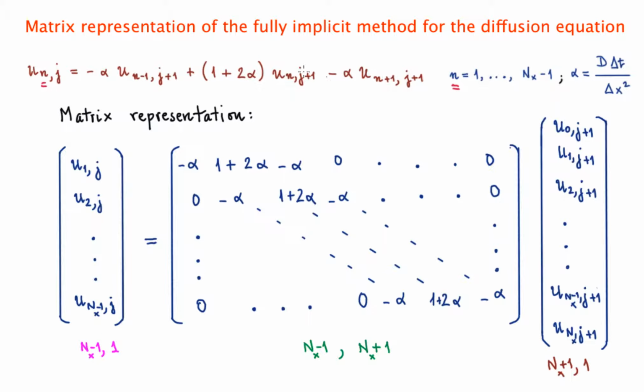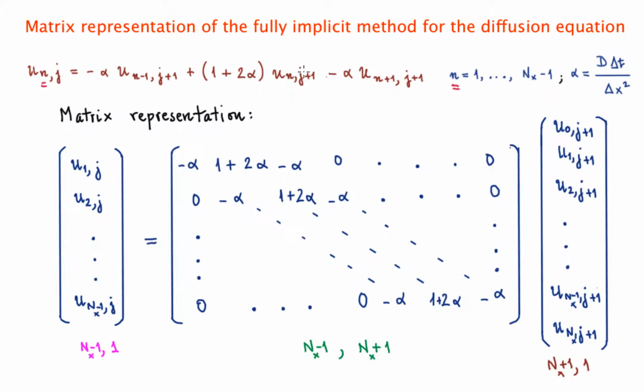And as you can imagine, our aim will be to get the expression for the u function evaluated at time j plus 1 as a function of the u values evaluated at the previous time step, time j. For that, we'll need to bring that matrix to the other side of the equation. Actually, for that, we have to use the inversion of the matrix.